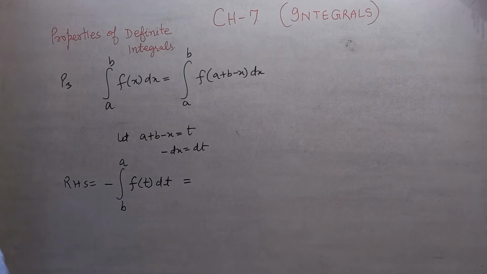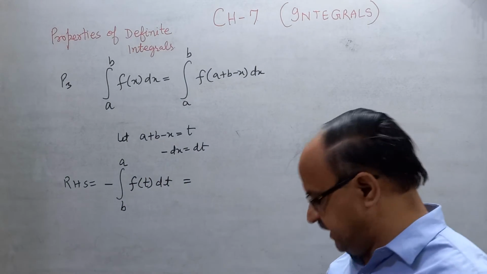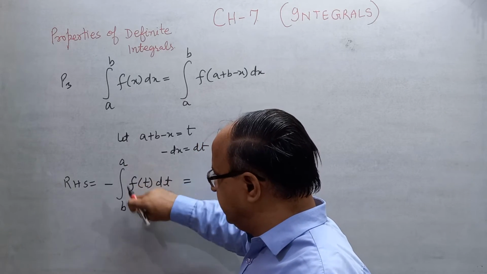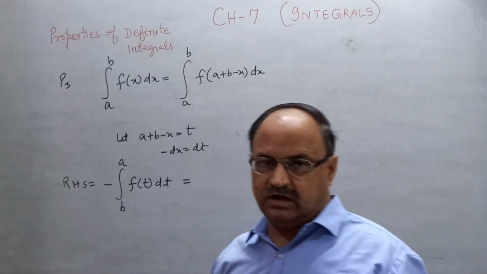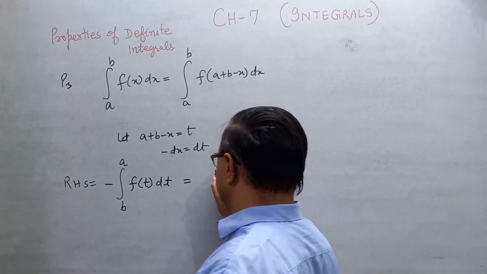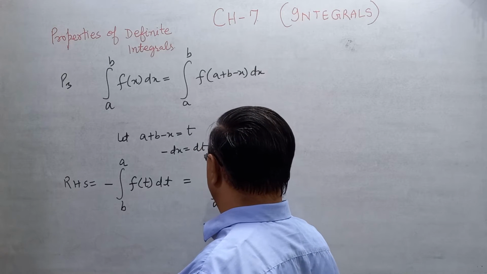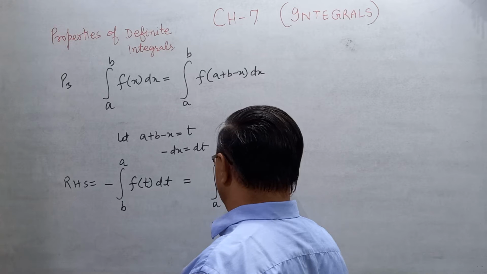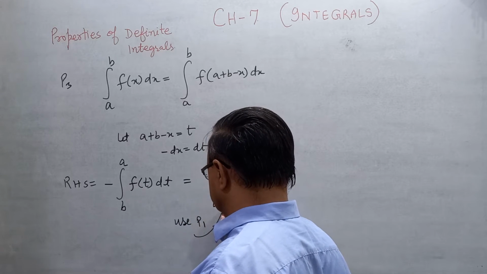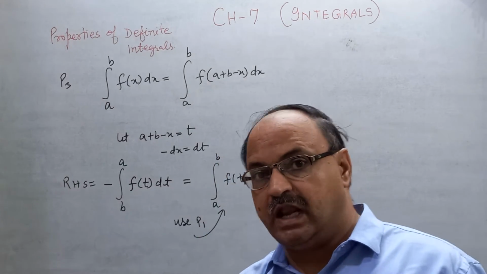Correct? Now use the P1 property. P1 interchanges the limit. When you interchange the limit, then the minus sign will come, and minus into minus is plus. Therefore, a to b f of t dt. Here we use property P1 very well.